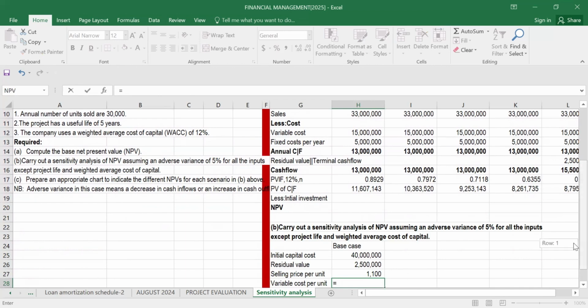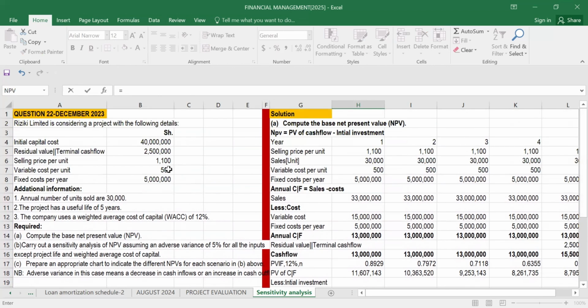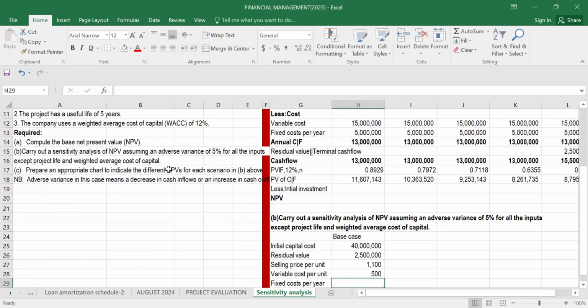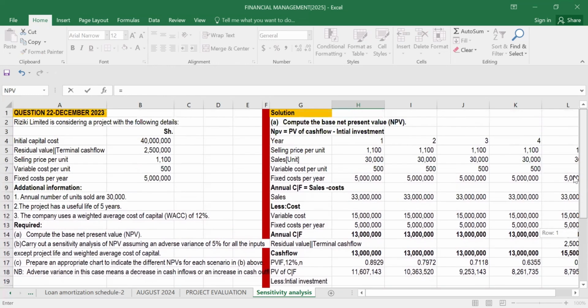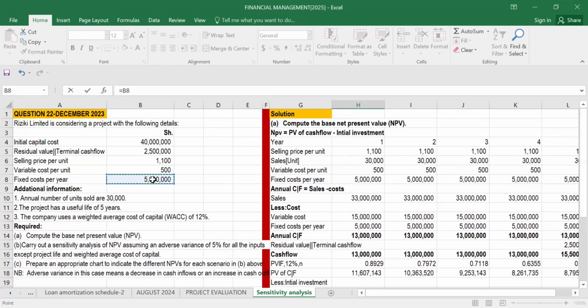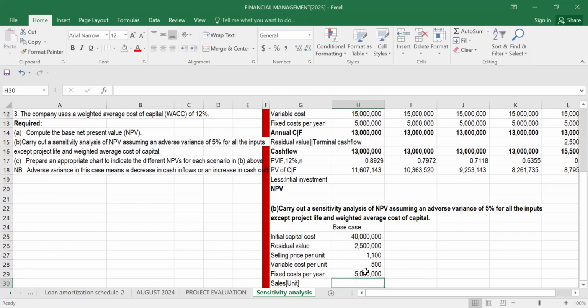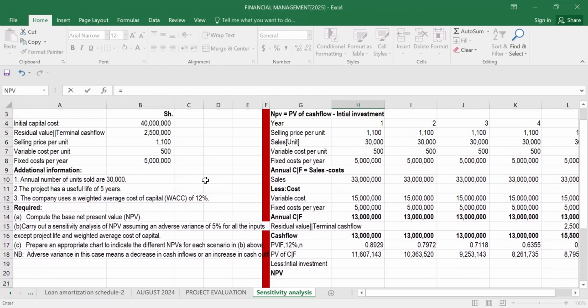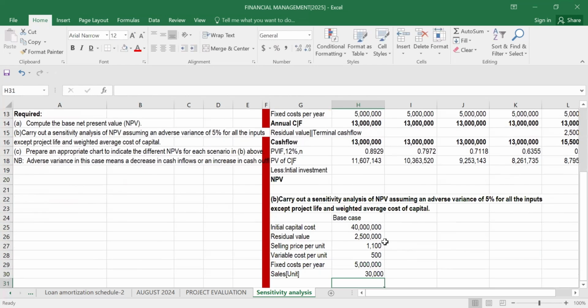The variable cost under the base case is 500. Then the fixed cost, sorry, not per unit, but rather per year. This one is 5 million. So then the sales in units. This one I hope you can remember in note 1 is 30,000. And just pick what I have up there. Yes. So basically that is the first thing I will have.